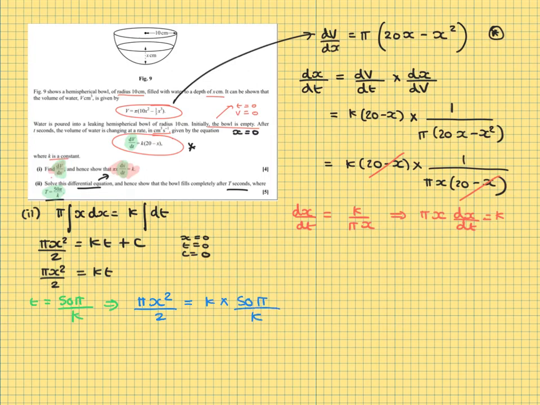And we immediately find some simplification happens. And this gives me x squared equals 100, so x equals 10, which means that the radius of the water is the same as the radius of the bowl, 10 centimetres, i.e. the bowl is full, completely full.